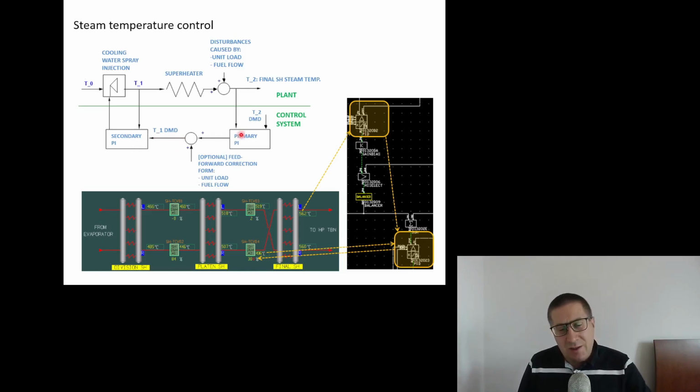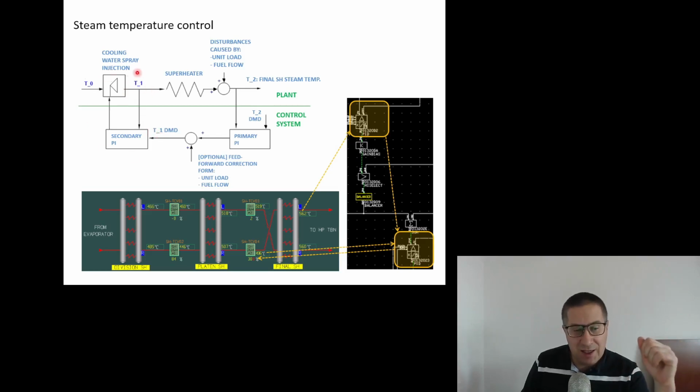Please take a look that from the primary controller's point of view, this inner control loop makes the linearization of this spray injection, which is non-linear, right? This guy doesn't have to worry about how this T1 temperature will be reached. He just asks for a particular temperature, and this guy here will do his job. Will take this T1 temperature to the set point.